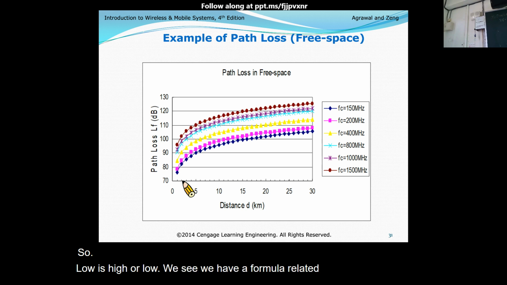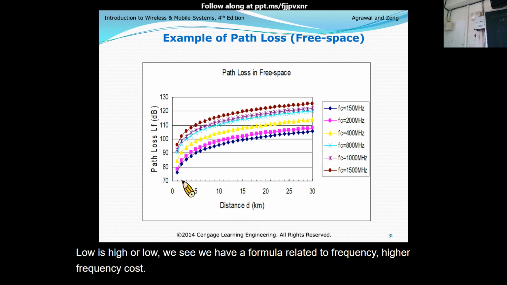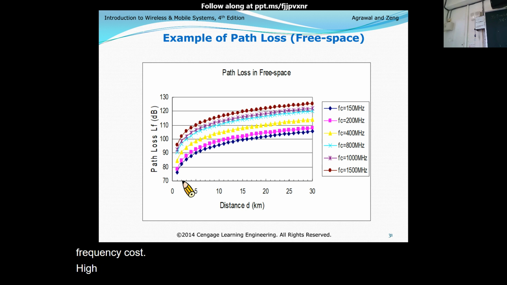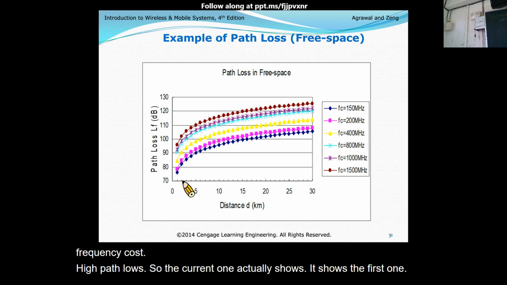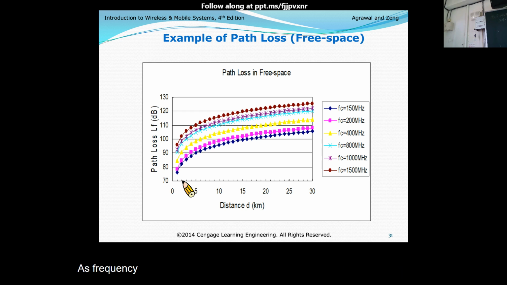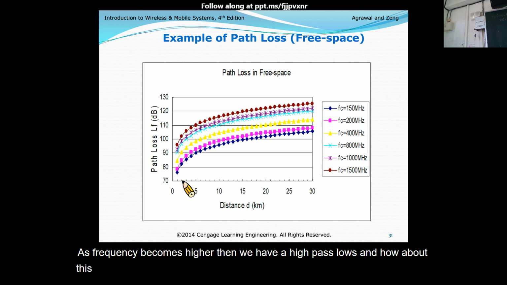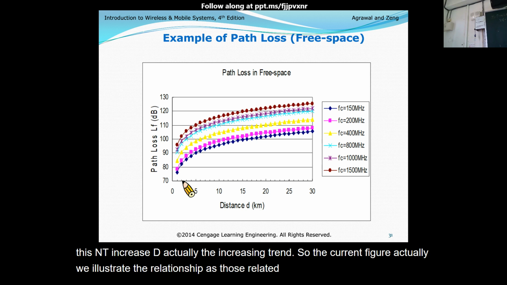Higher frequency causes high path loss. So the current figure shows that as frequency becomes higher, we have a high path loss. And how about D? Increasing D, actually, shows an increasing trend. So the current figure illustrates the relationship of path loss to carrier frequency and distance. And right now it's in free space.